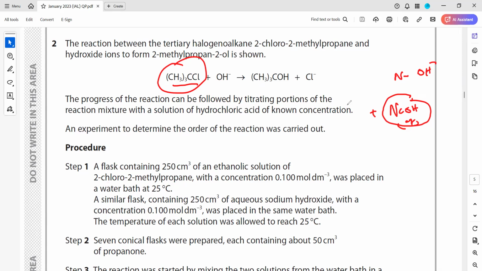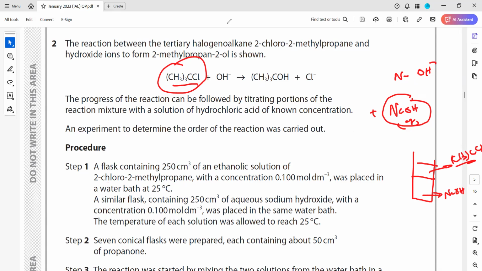If you use aqueous sodium hydroxide in this, they will not mix with each other because of the difference in density. Aqueous sodium hydroxide will remain at the bottom, and the tertiary halogenoalkane will remain on the top. So what will alcohol do?